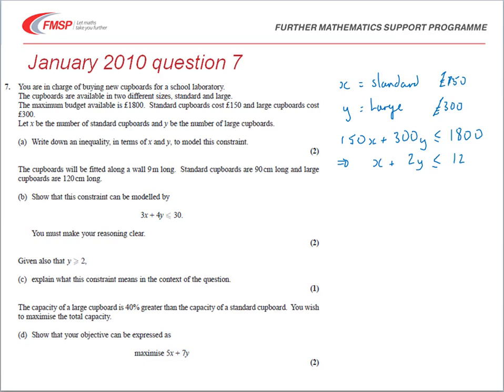The second part is looking at the constraint involving the length.